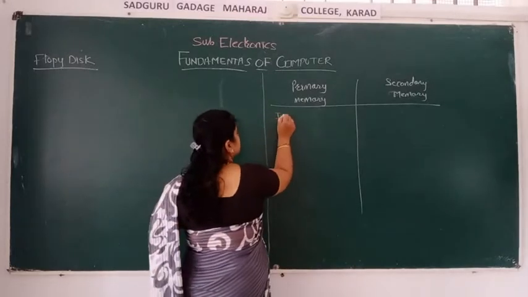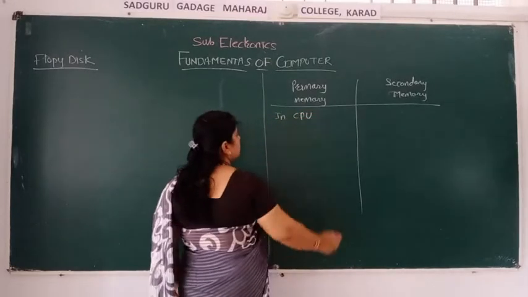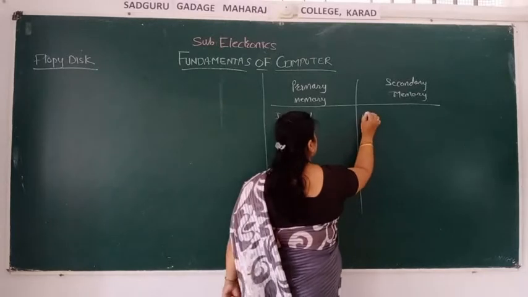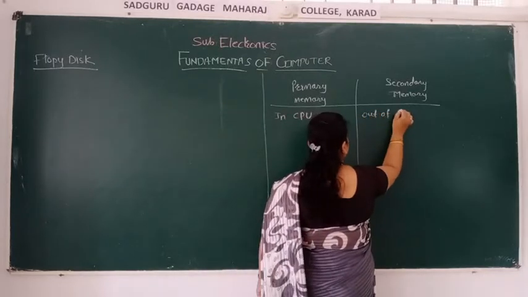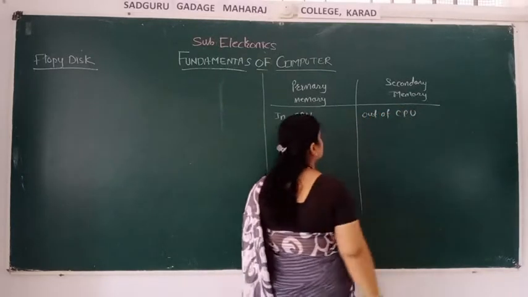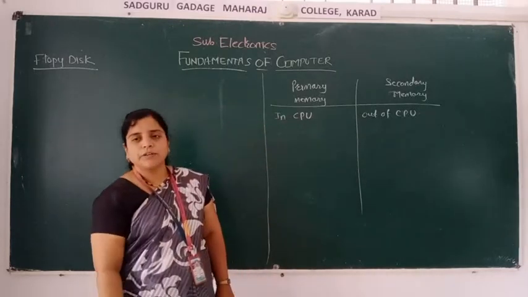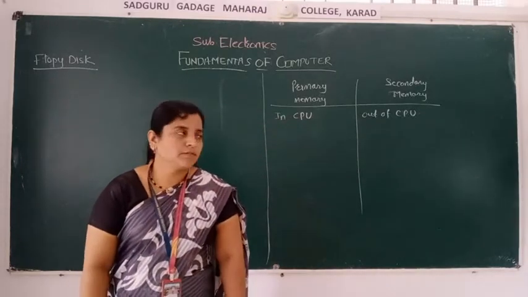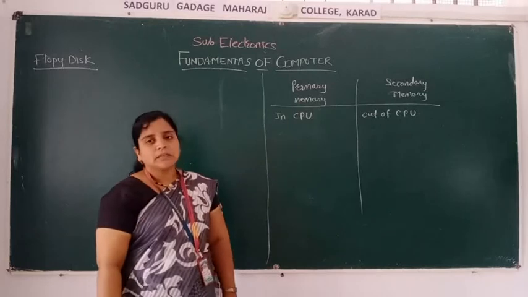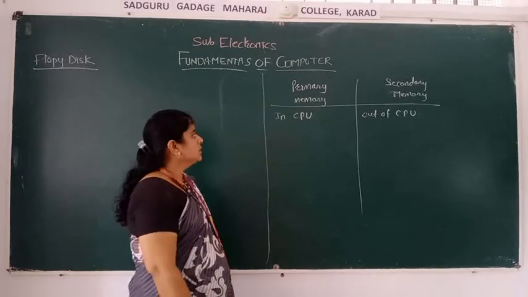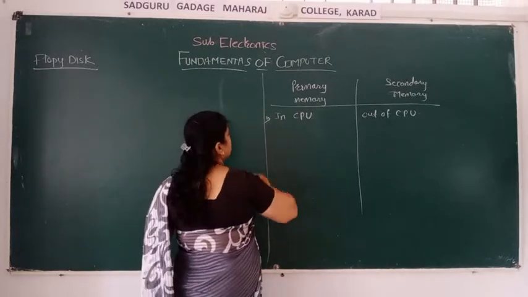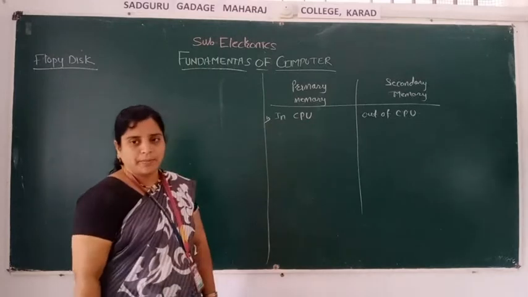It is in the CPU, the central processing unit. Memory that is outside the computer or outside the CPU is called secondary memory, meaning whatever pen drive or CD you use is secondary memory. All RAM and ROM are primary memory.